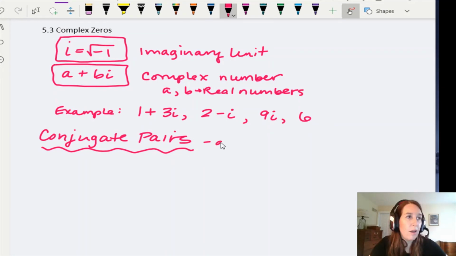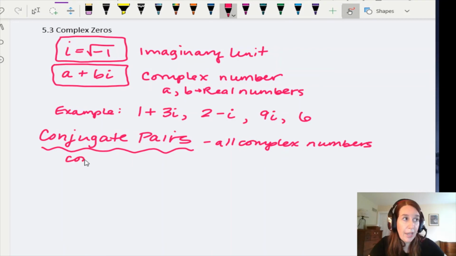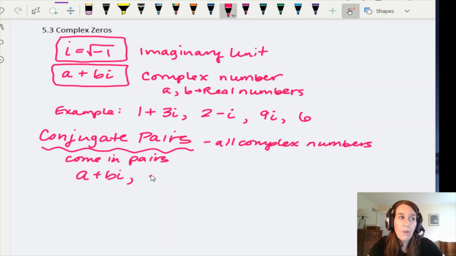So all complex numbers come in pairs. In other words, if you have a plus bi as a solution, you will also have a minus bi as a solution.